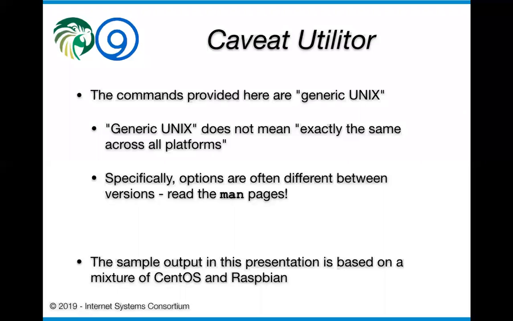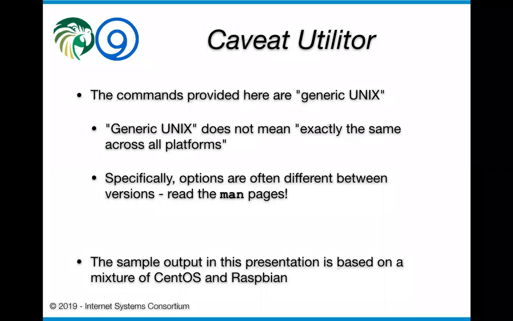So what I'd like you to do is make sure that you understand that the things that I'm going to be showing you today are a mixture of CentOS and Raspbian. And there are going to obviously be differences between other versions of Linux. If you're working with FreeBSD distributions, there are going to be differences between that.